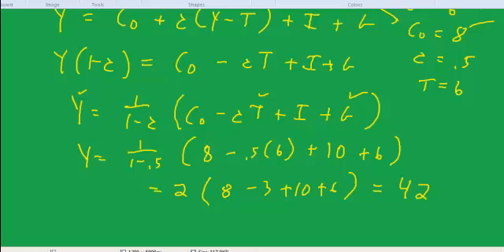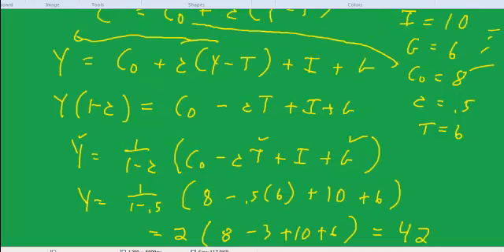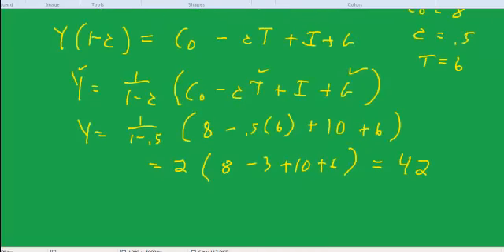Now, suppose we raise government spending. Before we had government spending of 6. Suppose we raise it to 8. So now we set G equal to 8 and do the same thing. We have 2 times (8, our old consumption constant, minus 0.5 times 6, which is 3, plus 10, plus now 8).